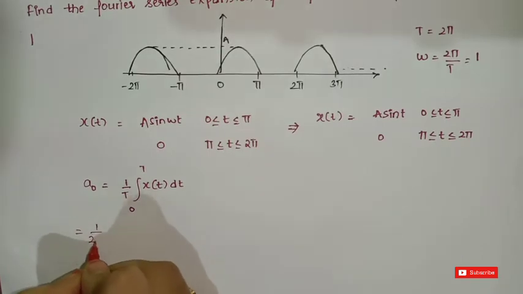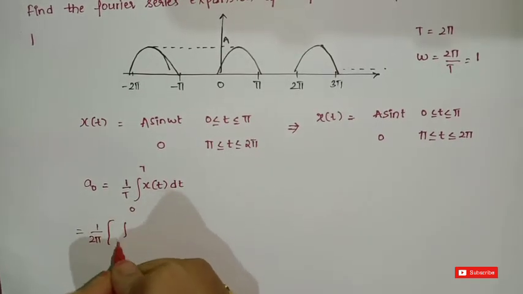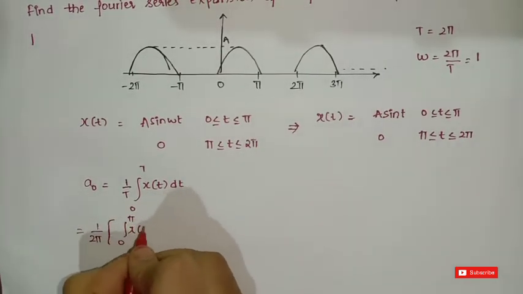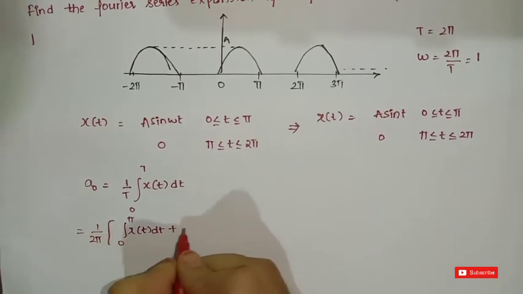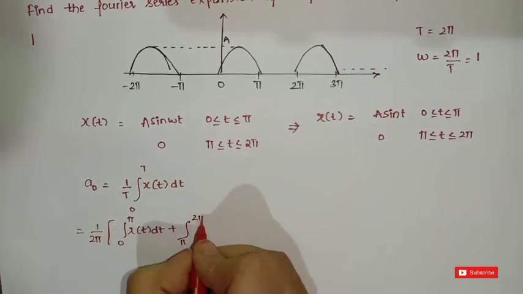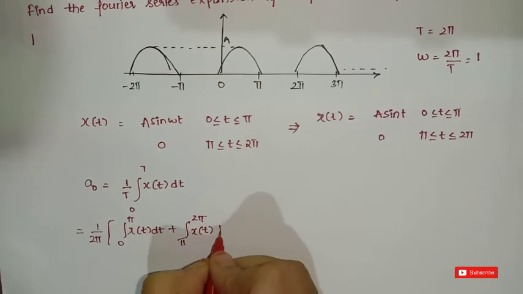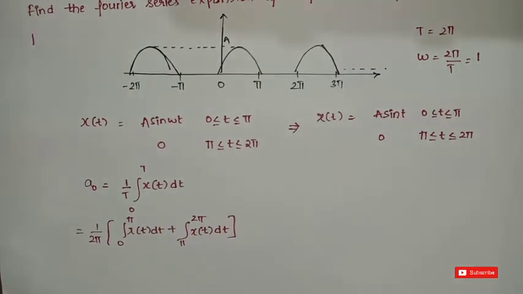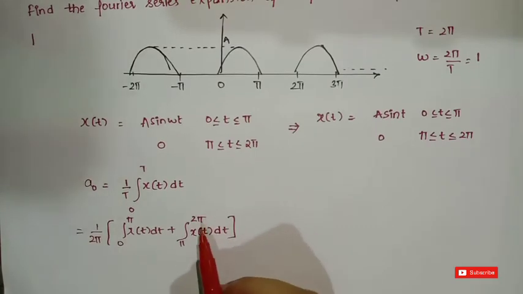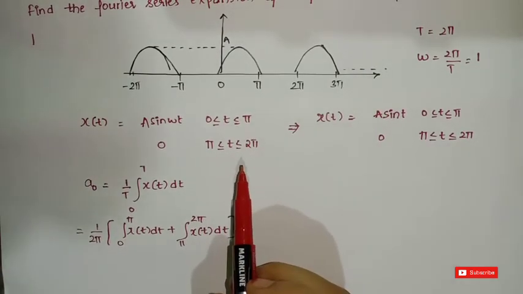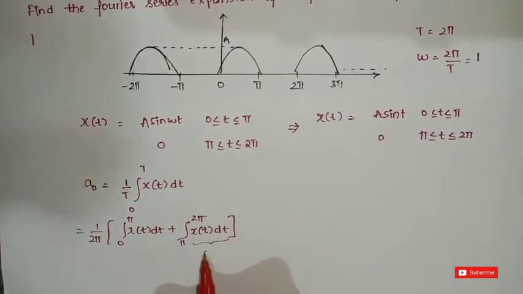They are 1 by 2 pi integral 0 to pi x of t dt plus integral pi to 2 pi x of t dt. Why are we writing this in two different ways? Because the signal is not constant throughout the period. It is changing, so that's why we are writing it at two different intervals of time. In between the interval pi and 2 pi, the signal x of t is equal to 0. So this term becomes 0.